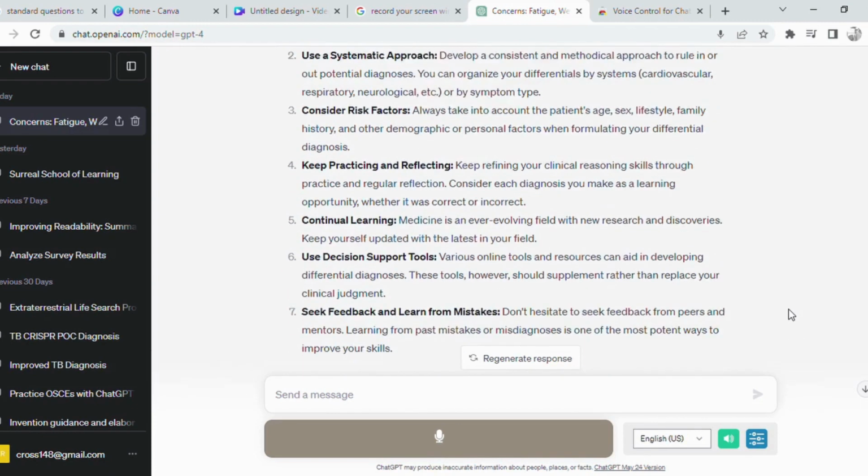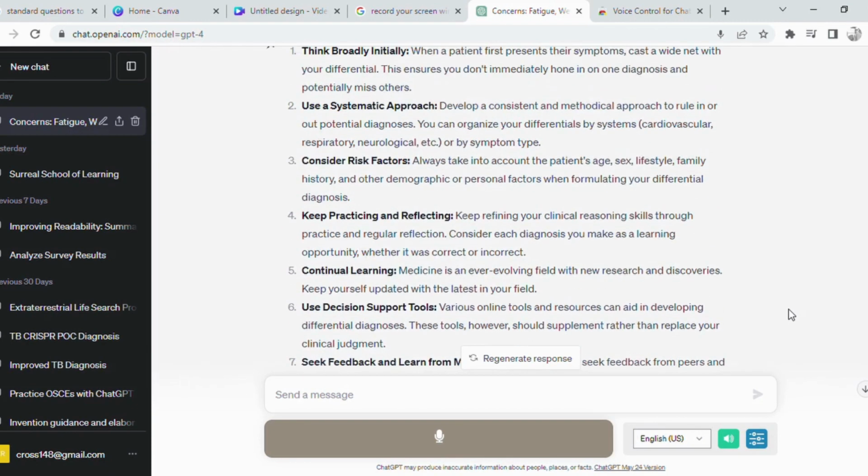Develop a consistent and methodical approach to rule in or out potential diagnoses. You can organize your differentials by systems, cardiovascular, respiratory, neurological, etc. or by symptom type. Consider risk factors. Always take into account the patient's age, sex, lifestyle, family history, and other demographic or personal factors when formulating your differential diagnosis.